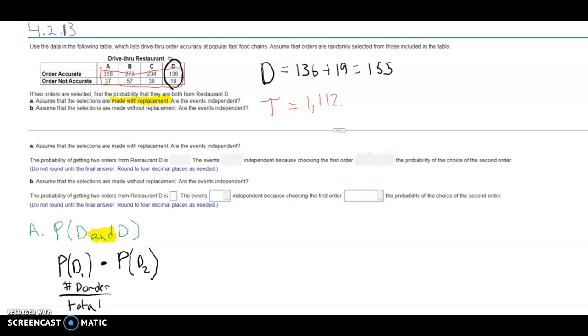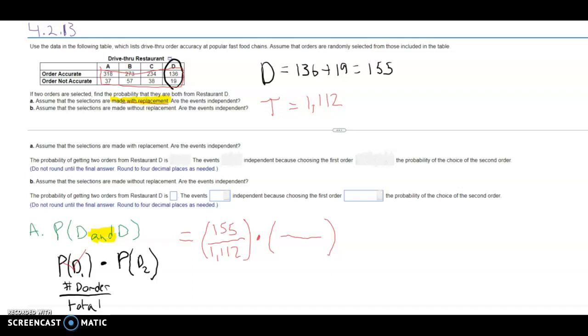So the probability that the first order is from restaurant D is going to be 155 over 1,112. I'm going to multiply that. So I got this guy here. Check.